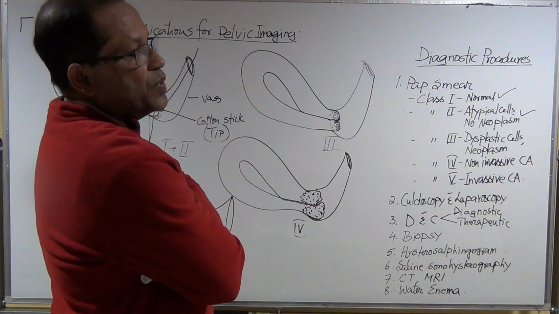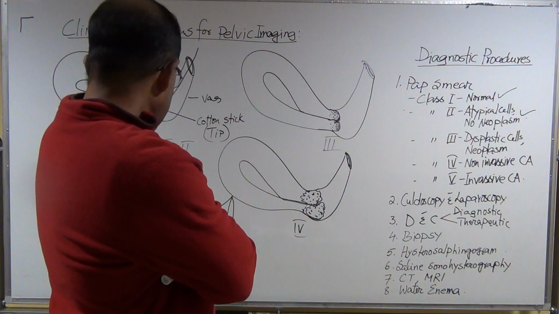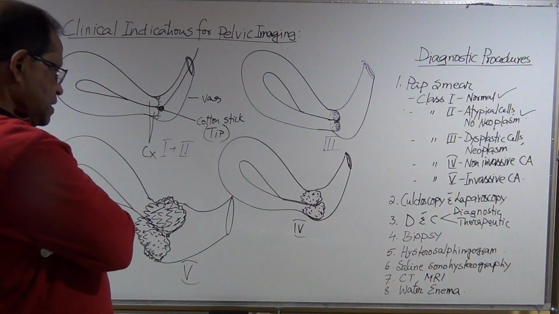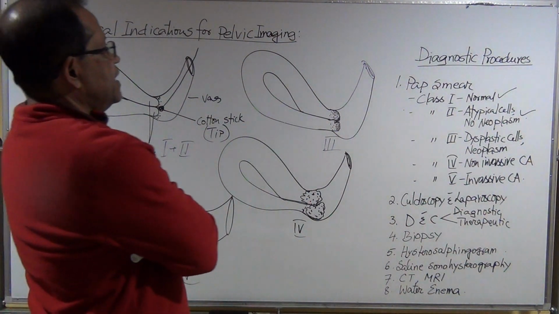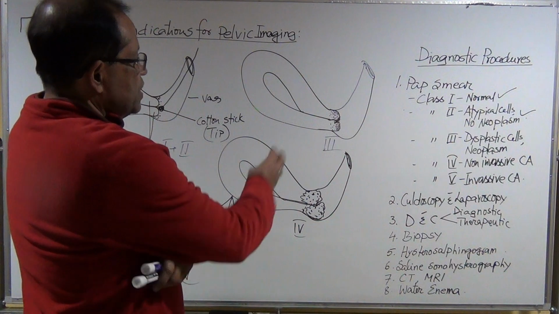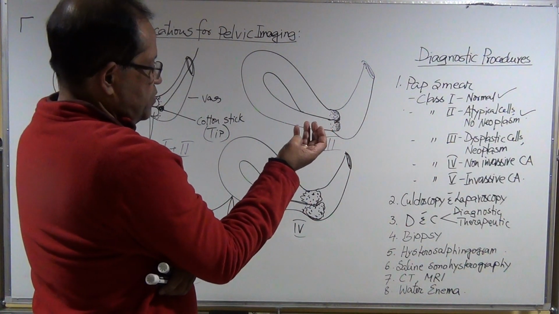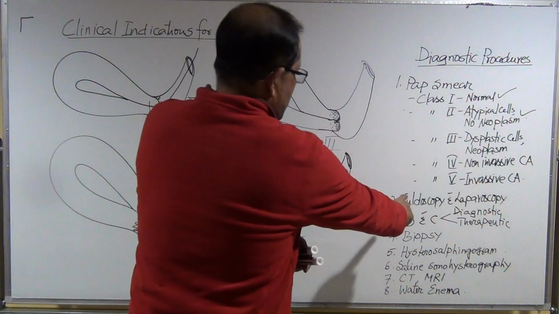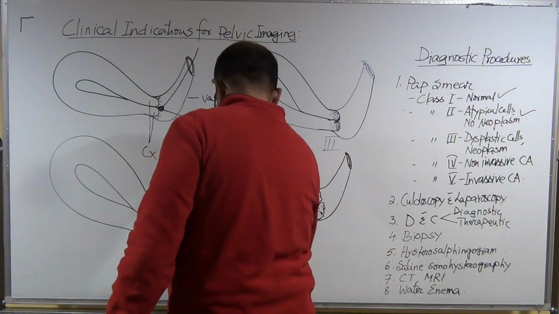Radical hysterectomy is indicated. Also, they will do radiation, and if it has spread, they will take the organ out, then do chemotherapy. Okay, so now I'll discuss culdoscopy and laparoscopy.